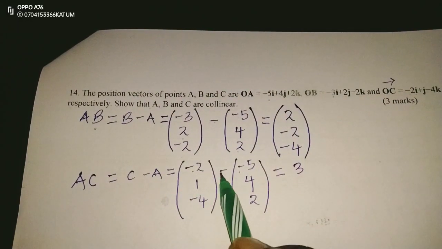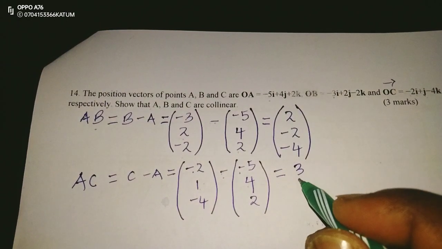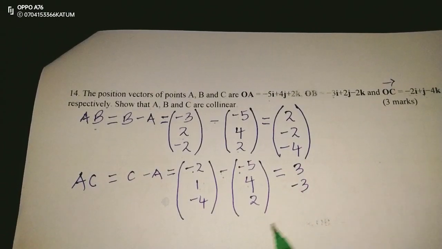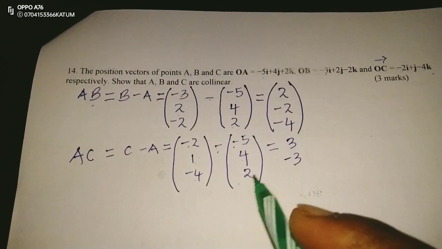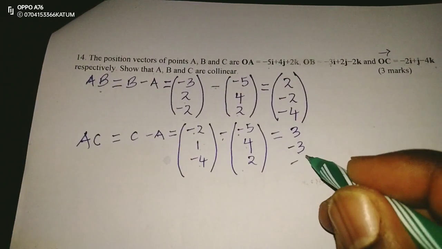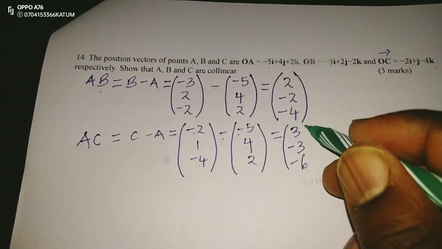We have 1 - 4, that becomes a -3. Then we have -4 - 2, which becomes a -6. So AC = (3, -3, -6).